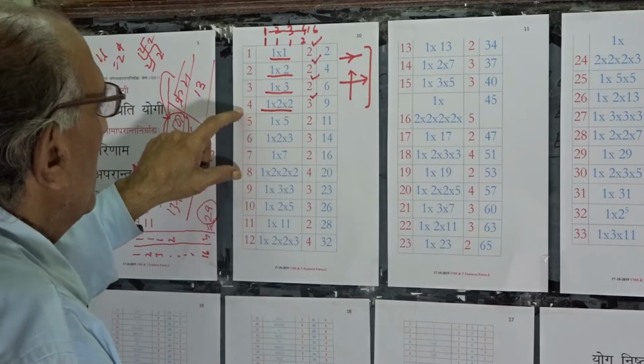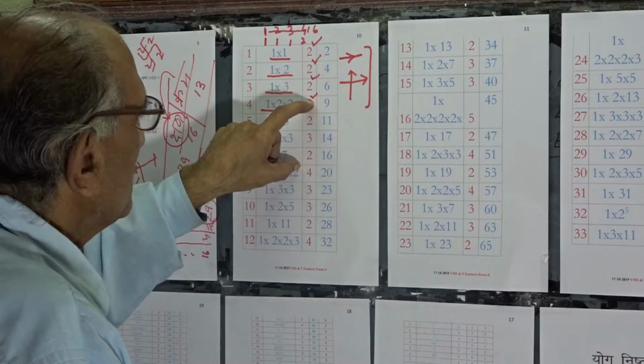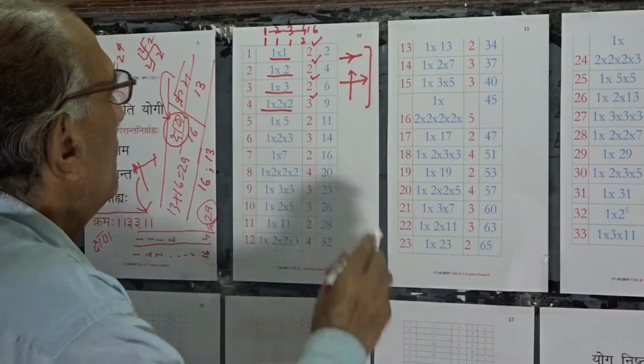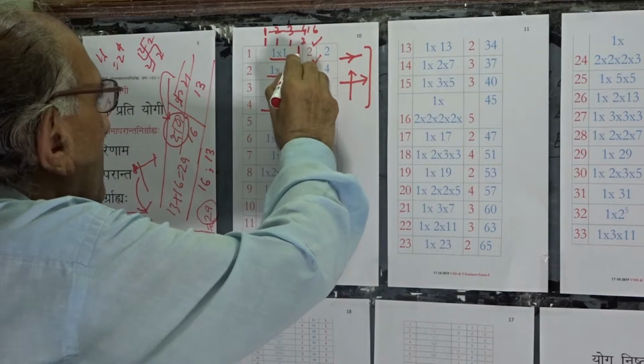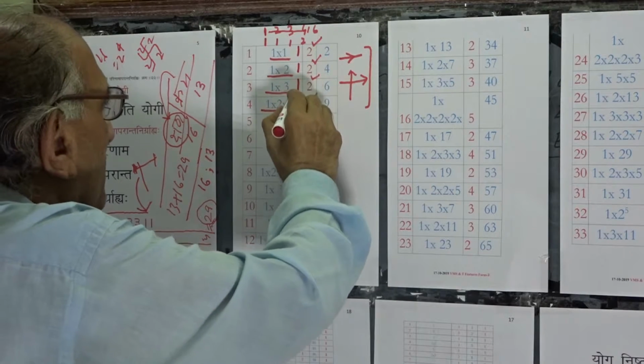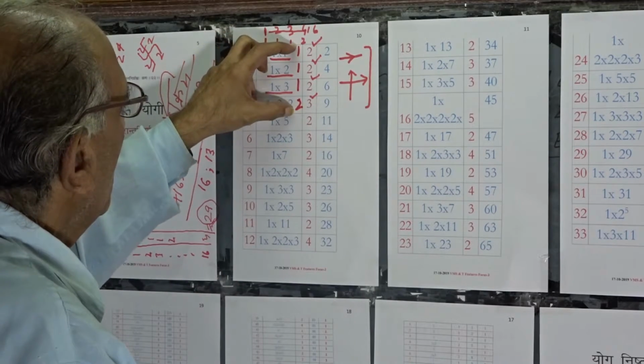It is here where we have to be conscious as to how, initially when we are having only 1 factor, 1 factor and 1 factor, and here we are having 2 factors, making it in all 5 factors.